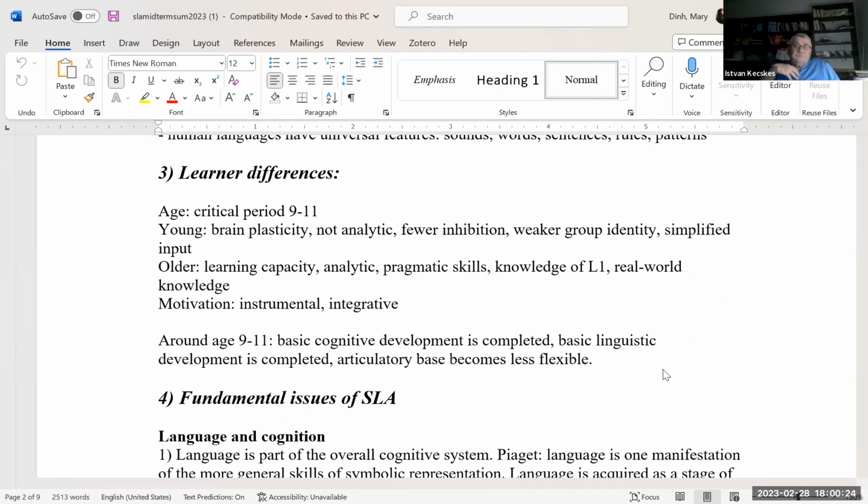The other differences that we mentioned or may mention here is that, of course, it's very important how much exposure you want to have to the given language and given culture, because that changes individual by individual. So even if you have the opportunity to be in the target language country and exposed to the target language culture, you are the one who actually controls that.